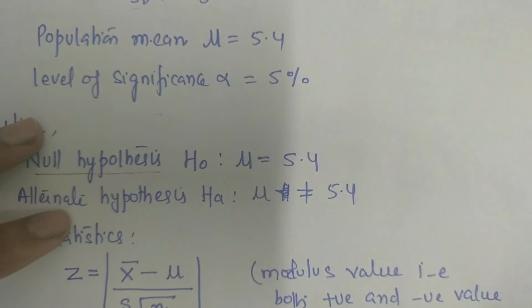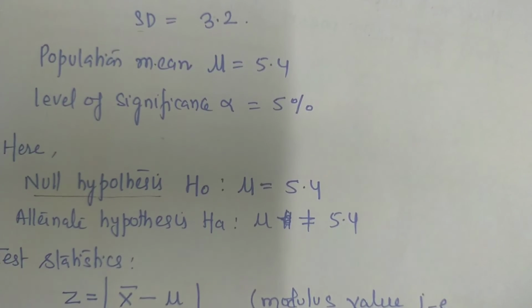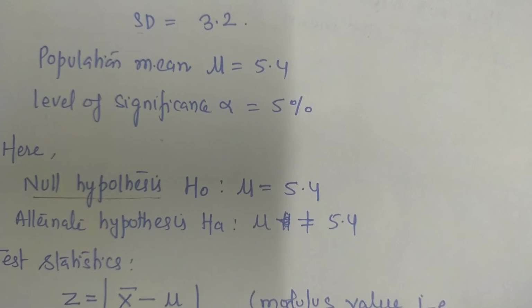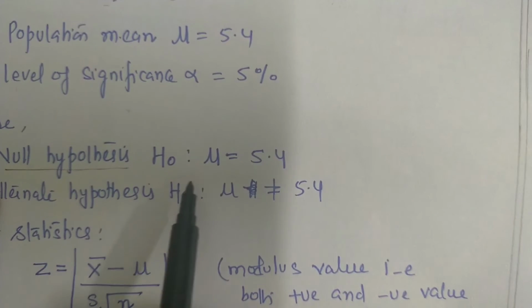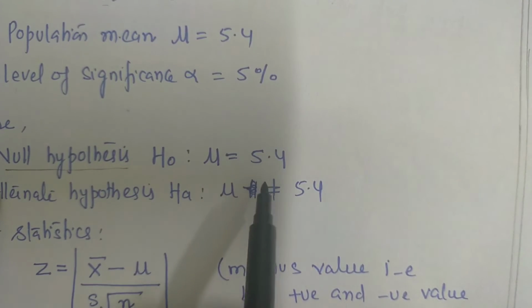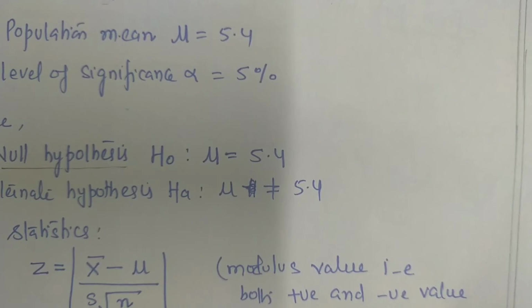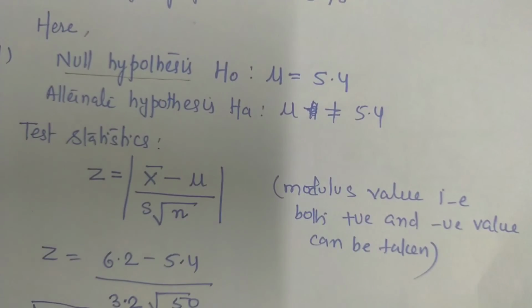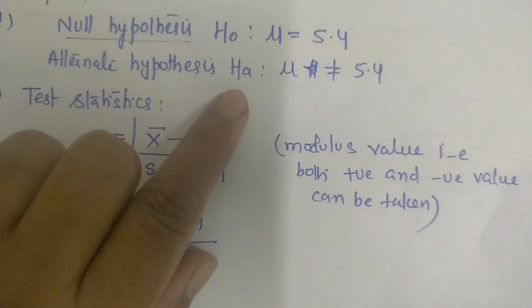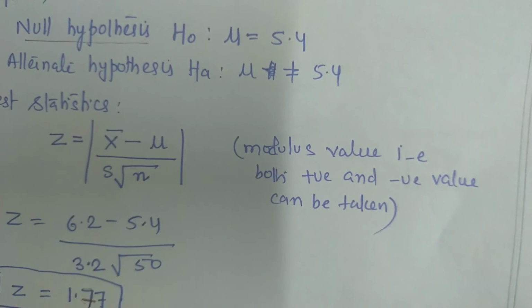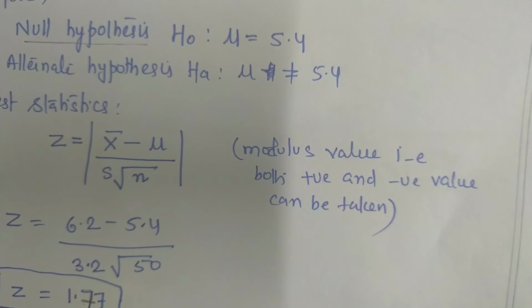The null hypothesis simply says that the sample mean is equal to the population mean only. So the null hypothesis is mu equals 5.4, that we want to prove. The alternate hypothesis HA is mu not equal to 5.4.